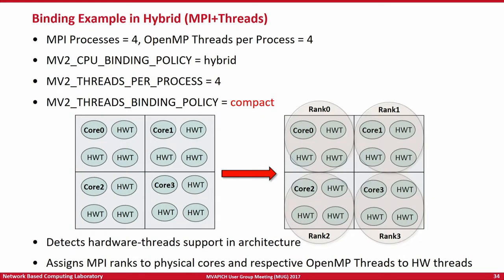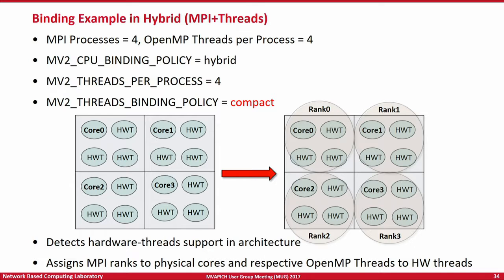If you have this particular setting, the process would get bound to core 0, and then we would reserve 3 other cores for the other OpenMP threads. So this is how your process mapping would happen with the hybrid binding policy and the compact option. This detects the hardware thread support in the architecture and assigns MPI ranks to physical cores appropriately.